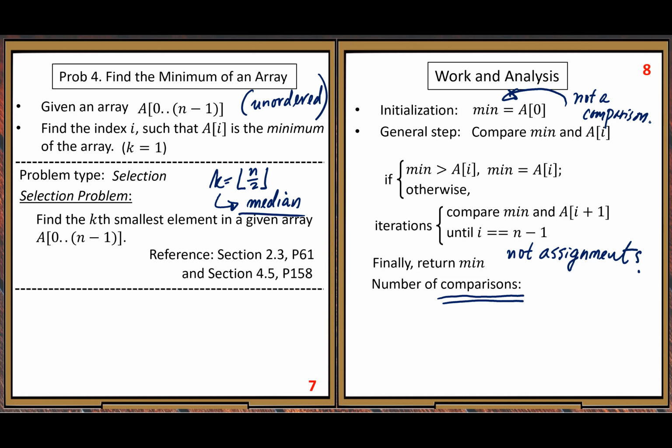This exact number is important because remember our goal for this part D, we want to study the optimality issue. With N minus 1, we can claim this is an optimal solution. If it were N, not N minus 1, then you cannot claim it's an optimal solution. So for an optimal solution, we like to use the exact number of comparisons.